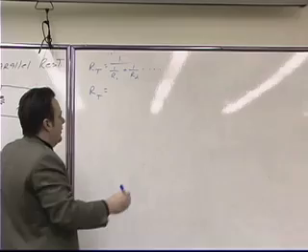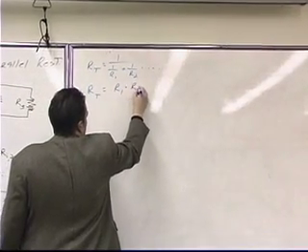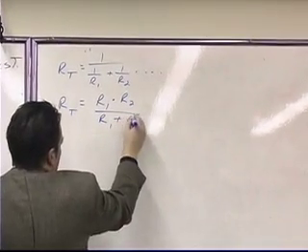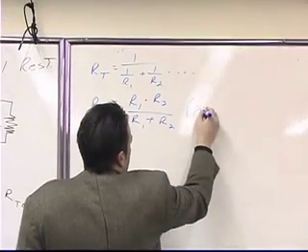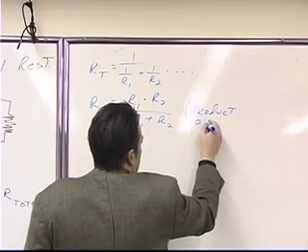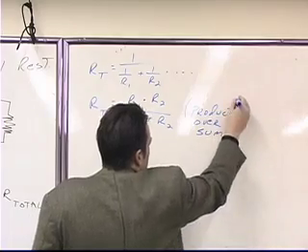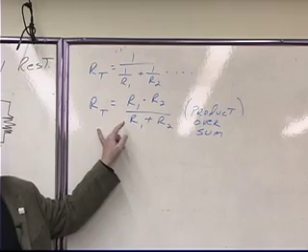That is R1 multiplied by R2 divided by R1 plus R2. We call that product over sum, and that's only good for two resistors.